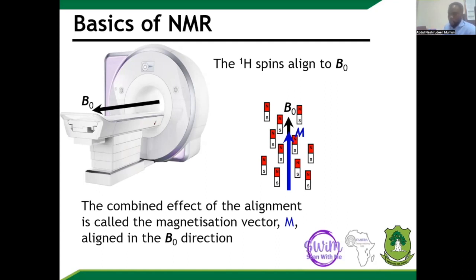And those are the ones we manipulate with a radio frequency pulse to give rise to the nuclear magnetic resonance signal. And so we call in theory the total alignment of the spins a magnetization vector M, which is the blue arrow you're looking at here, aligned with the field.